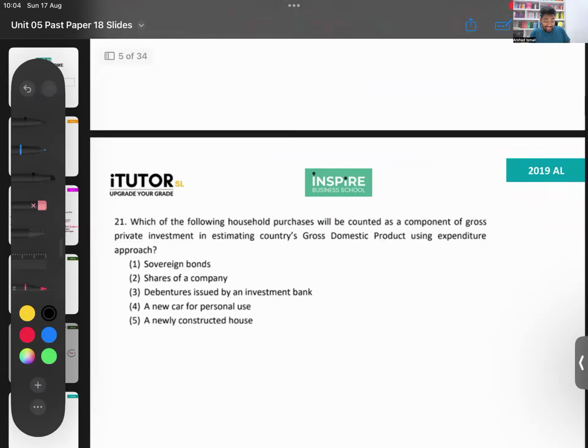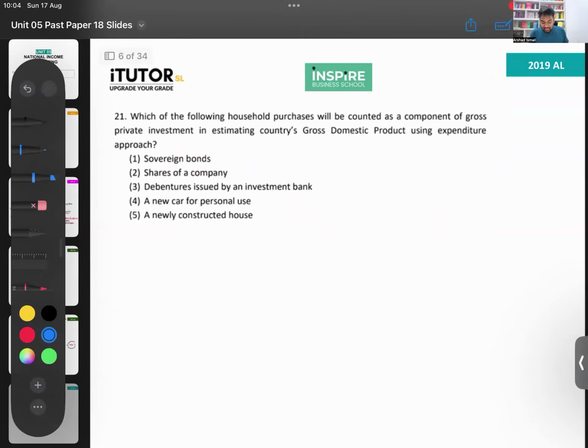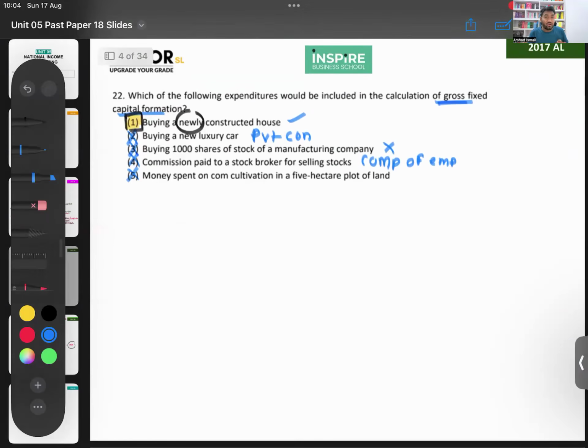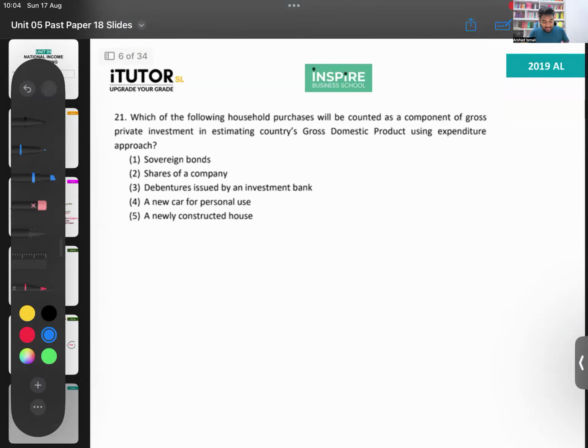Then 2019, question number 21. Which of the following household purchases will be counted? See, the same question that I taught you, right? Which of the following household purchases will be counted as a component of gross private investment when estimating GDP? It is done by households. If it's done by households, it has to be under private consumption. But it will be included under gross private investment.